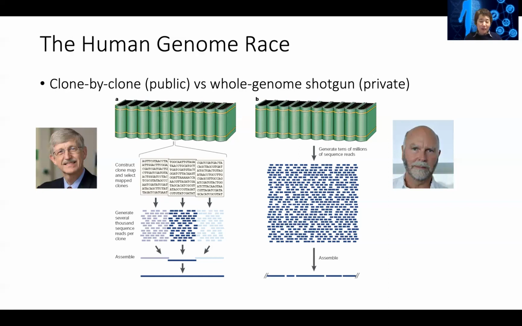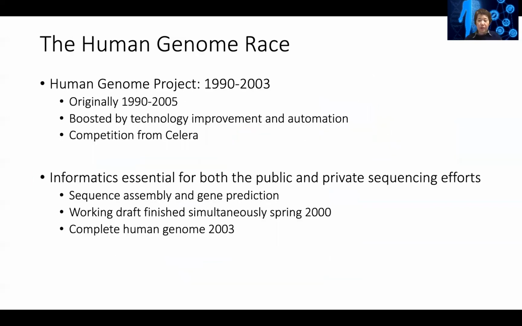But because of the competition from the private side, it really motivated both sides to accelerate their technology development and automation. So at the time, there were better sequencers developed. And so the technology improvement allowed people to sequence large amounts of sequences much faster.